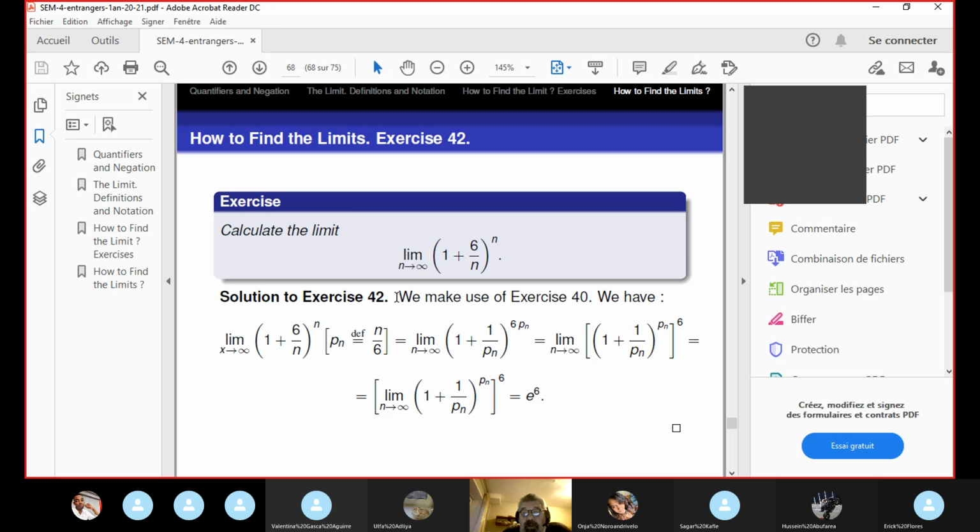It is the property of continuous functions. We will see this. Roughly speaking, it means that I can put my limit in the bracket.